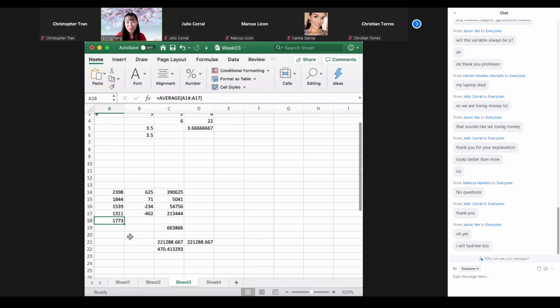Once we got our 4 numbers, remember step 1 is to calculate the mean, right? So remember the formula: equals average, and then in parentheses, select all 4 numbers. So we're familiar with that step. Now we see, okay, for the 4 refrigerators, the tiny sample of 4, the mean is $1,773.